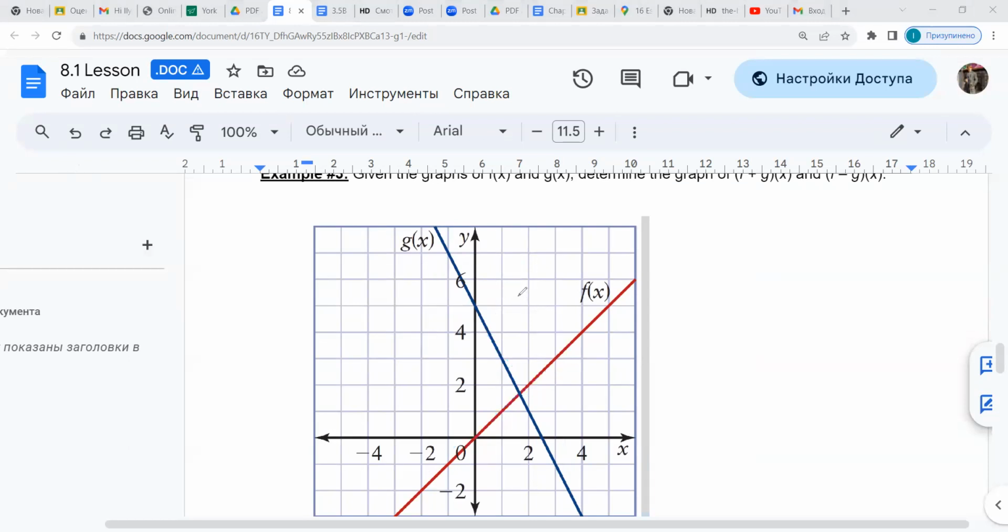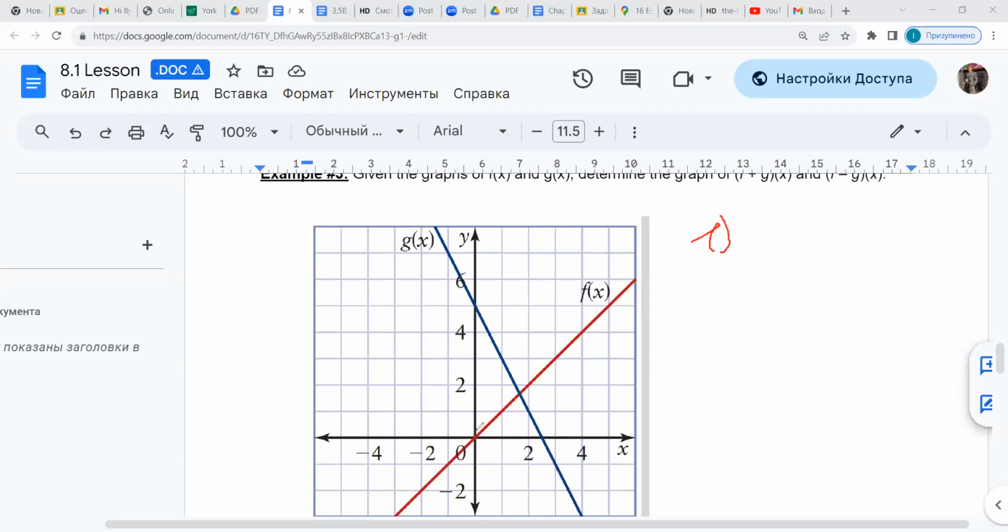But you may ask me, how do we find out what equation is that initially? And I would tell you that you have to look for x-intercepts as well as y-intercepts, as well as their mutual points of contact. And let's start with small things. For the red graph, I'm going to use the red pen.